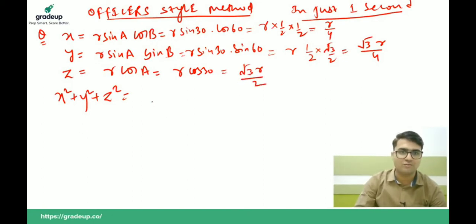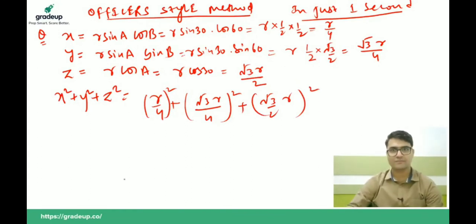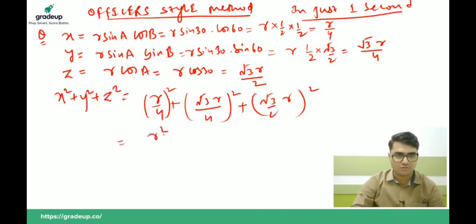Now put all the values here. R by 4 whole square, root 3 R by 4 whole square, root 3 by 2 R square. All right, guys. Now after solving this, R square by 16, 3 R square by 16, 3 R square by 4.